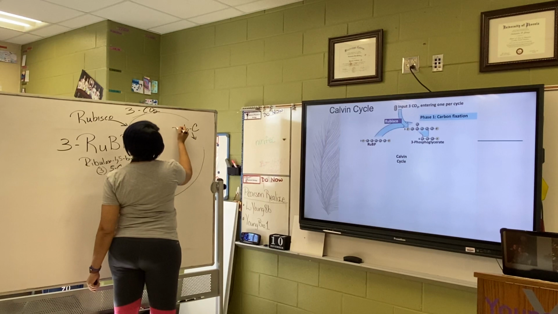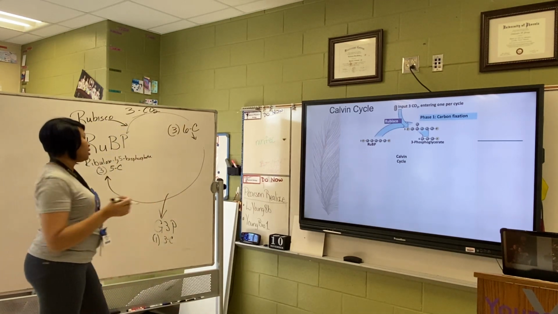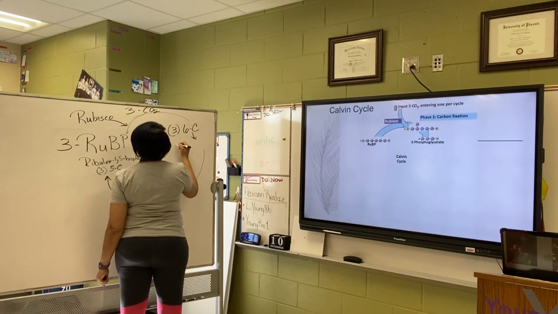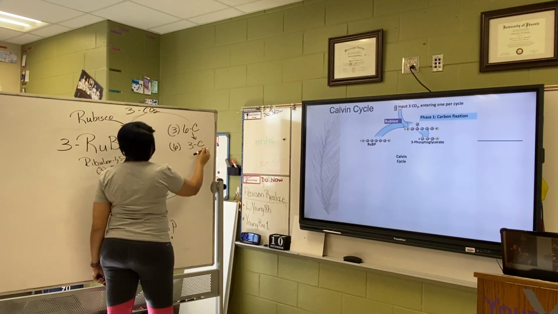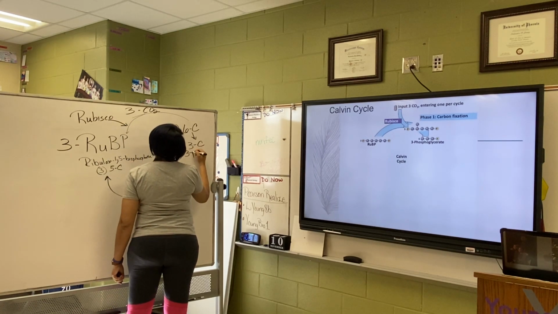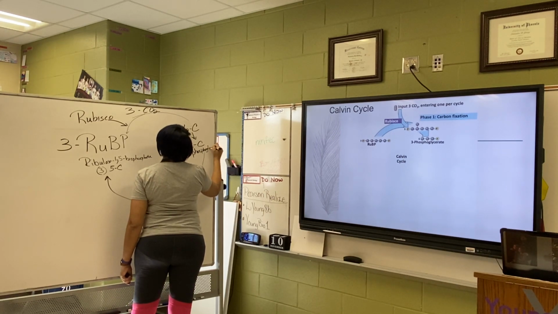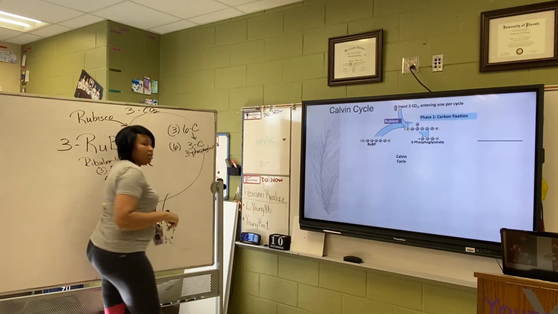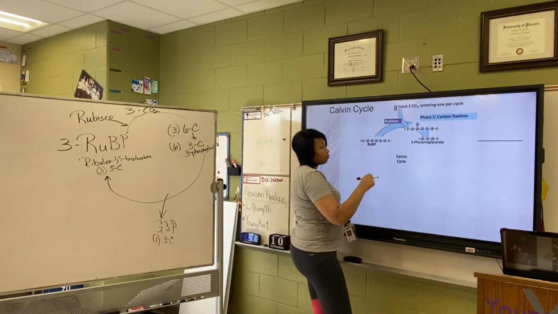So I started off with 3 6-carbon compounds. Now I'm going to end up with 6 3-carbon compounds. And the name of that compound is 3-phosphoglycerate. And yes, you do need to know the names, okay? 3-phosphoglycerate.